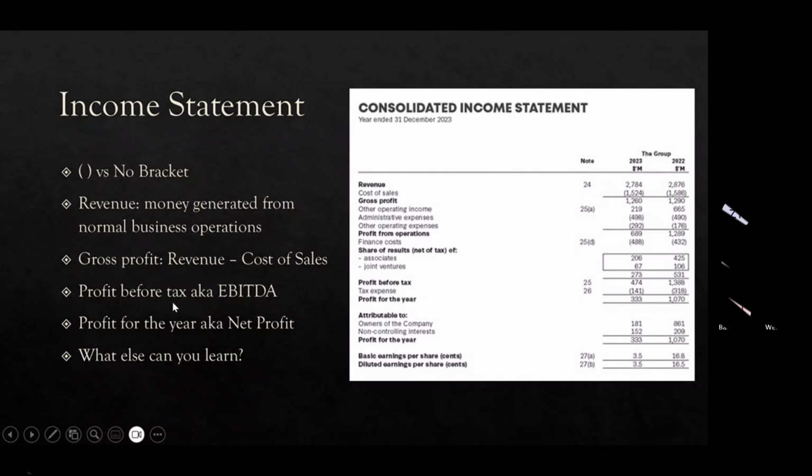And profit before tax, which is also known as EBITDA, earnings before interest, tax, depreciation, and amortization. This is something that we look at in terms of profit before tax. And profit for the year is also known as net profit lah, which is this number 333 over here.